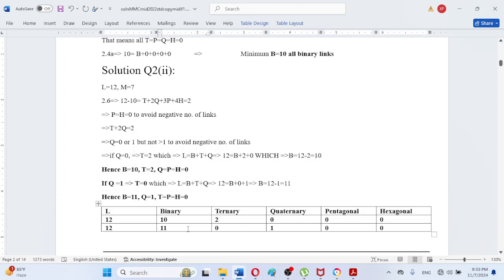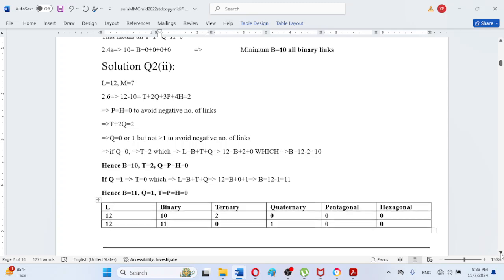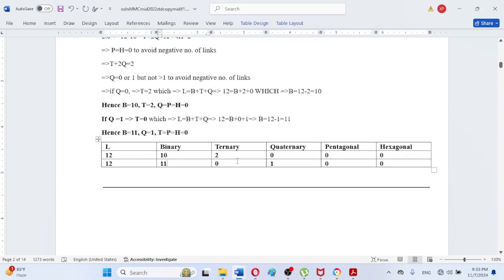In the second set, these are the possible sets, 11 binary links and 1 quaternary link. Again, it was not required to check the validity, so I will not mention the validity of the links in this table.